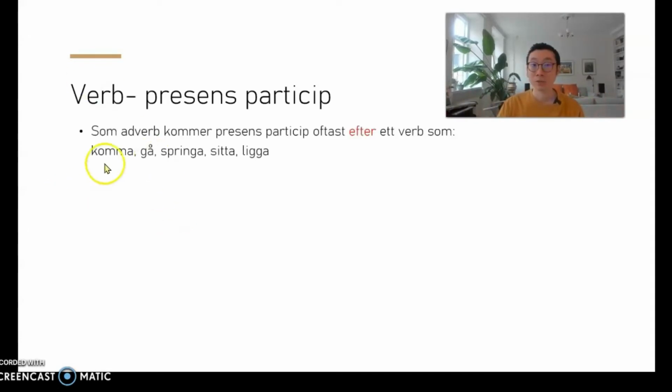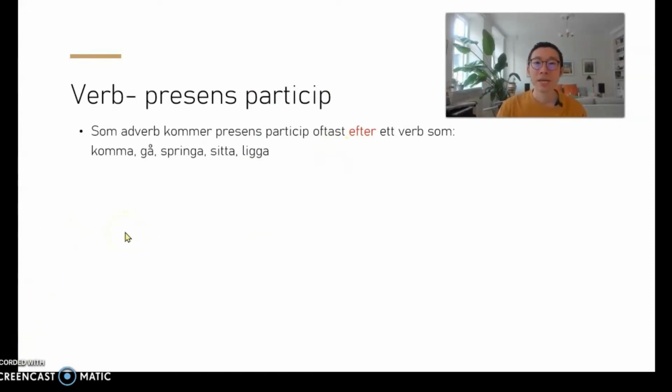So here is something to think about. Som adverb kommer presens particip oftast efter ett verb som komma, gå, springa, sitta, ligga och så vidare. So they usually exist after the verb.